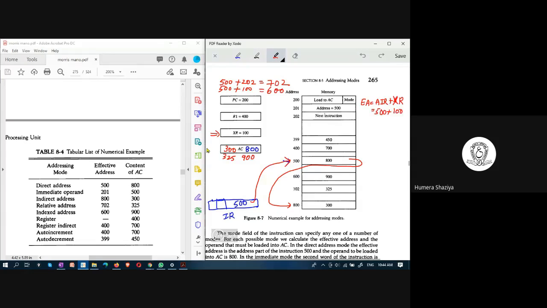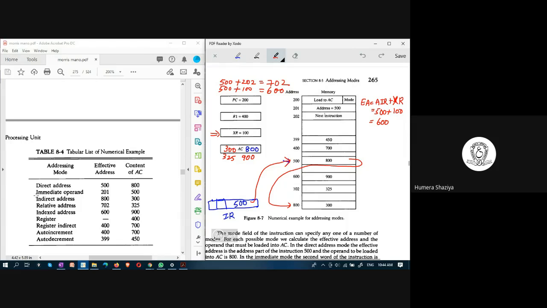When you add both, you obtain 600, which is the effective address. Understand? Yes, ma'am. So when you go to 600 location, you will find 900, which is the operand, which you store in the accumulator.